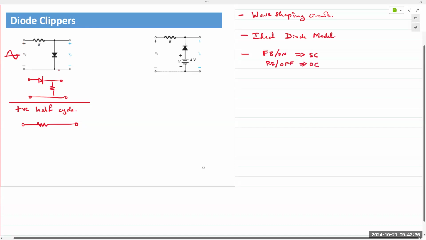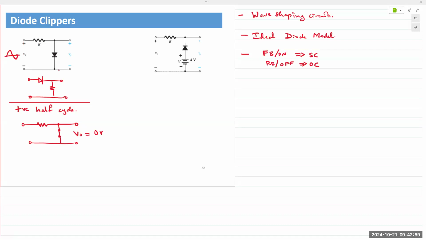So in the positive half cycle, again, it doesn't matter what kind of waveform it is, the diode would behave like a short circuit. And so what is V out, or VO? 0 volts, right? Whatever input is coming goes to the resistor, forming a closed loop and going back. V out is 0.